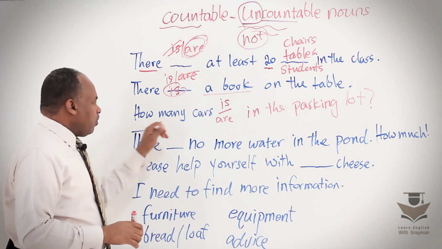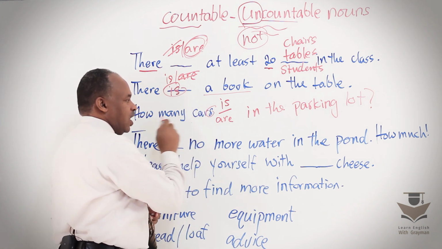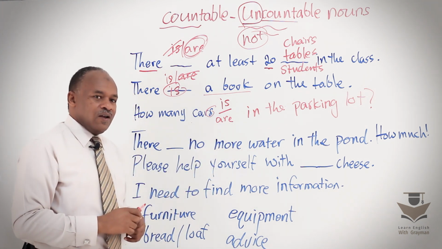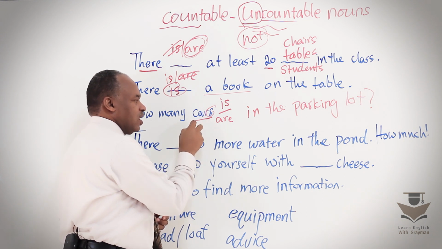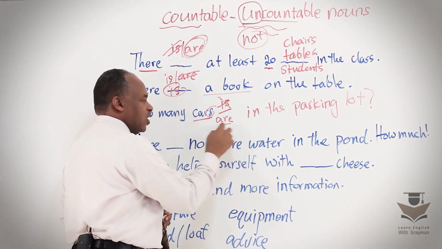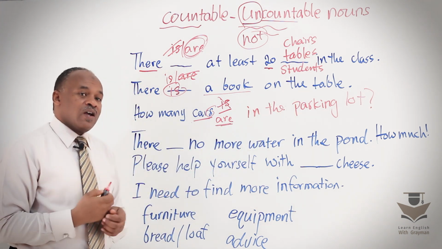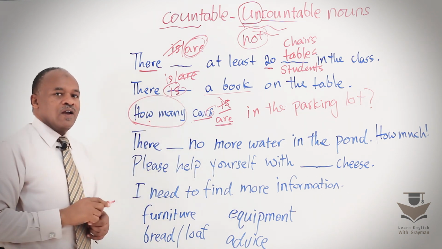So we say how many cars? Cars, plural. Is there or are there? This is plural, so it goes with are. We don't need is. How many cars are there in the parking lot? That's how to make a question. You need to use how many.